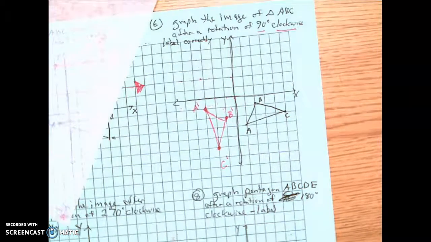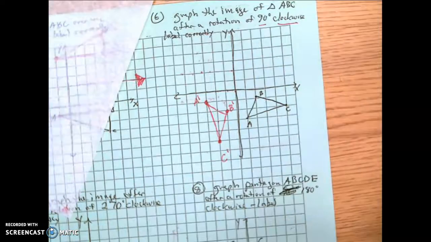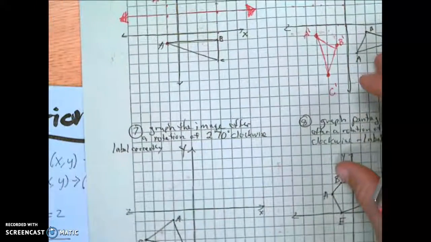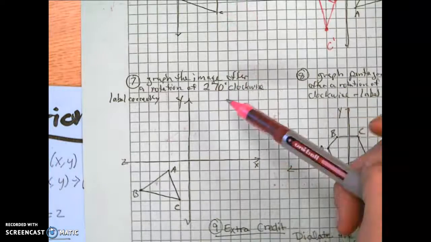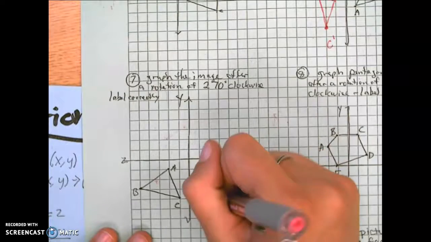So really, all we're doing is taking it and rotating it, then trying to write down our new stuff. All right. Graph the image after a 270-degree clockwise rotation. So now we're still going the same direction as the clock, this way.